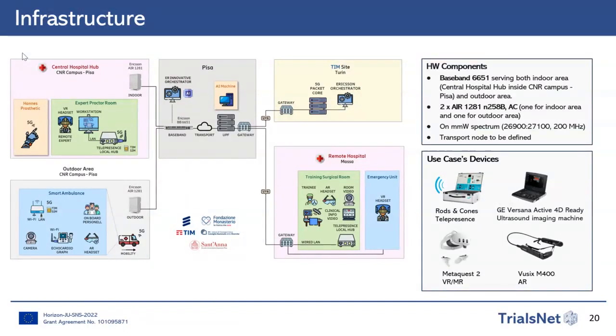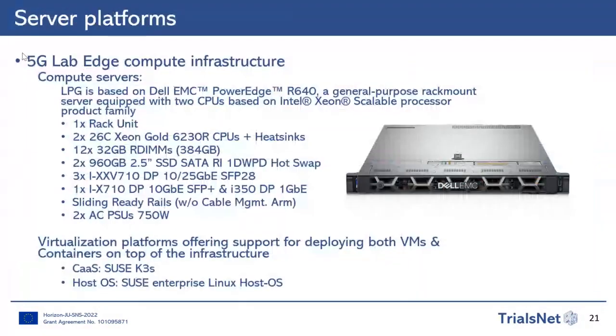In Pisa we have all the radio part, the baseband and the UPF, while the data plane is connected to the Massa site hospital, and then the core network will be located in Turin at the TEAM site. Regarding our components, you see the details here, and the use case devices that will be used are shown in this picture.